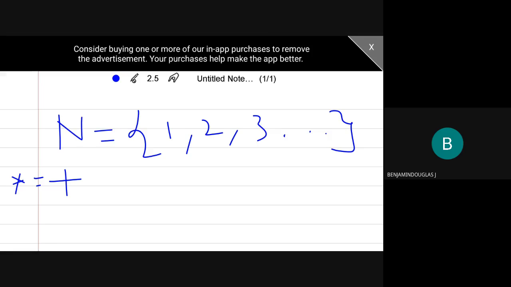My first check is whether this operation is valid in the set or not. Second, suppose I choose two numbers, say 2 plus 3. The operation is valid.